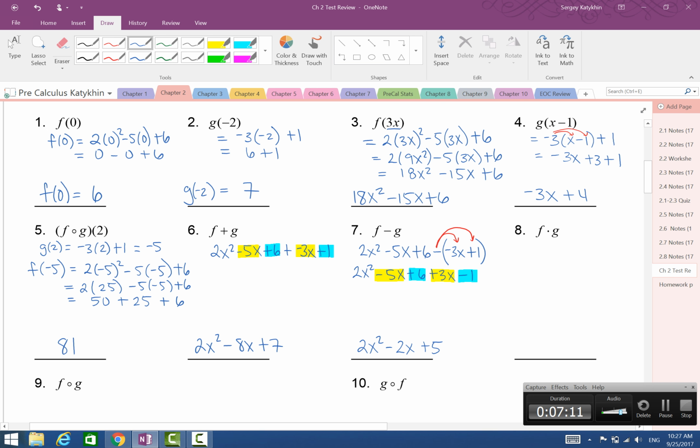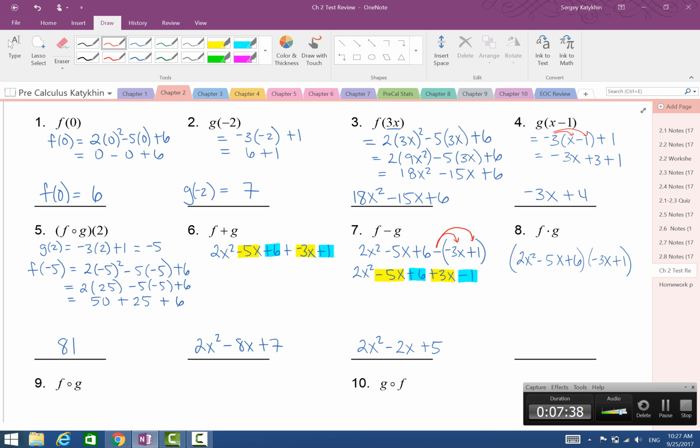G times f, or f times g, would be just multiplying f of x and g together. So again, f of x would be 2x squared minus 5x plus 6, and I'm multiplying that by negative 3x plus 1.